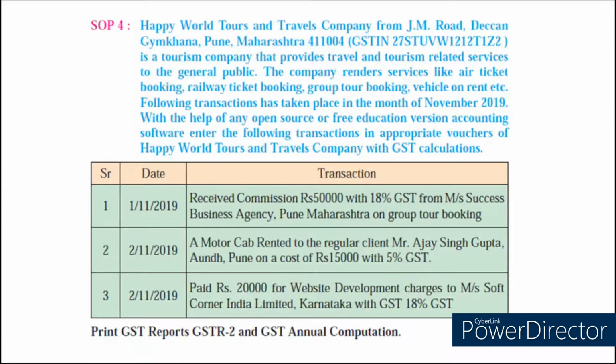As you can see on the screen, I have shared an image of the question given by the board book. SOP number 4, Happy World Tours and Travelers Company from JM Road, Deccan Gymkhana, Pune, Maharashtra 411004, GSTIN 27 STUV W1212 T1Z2 is a tourism company that provides travel and tourism related service to the general public.